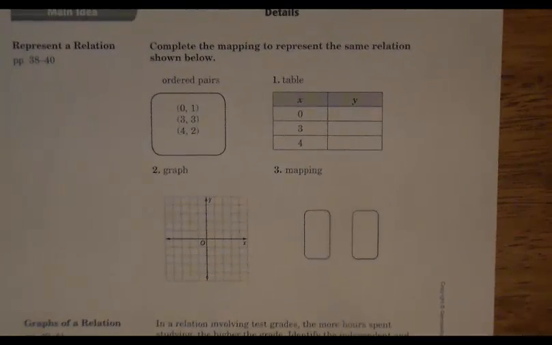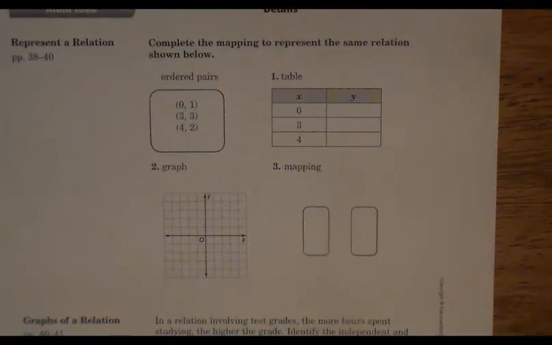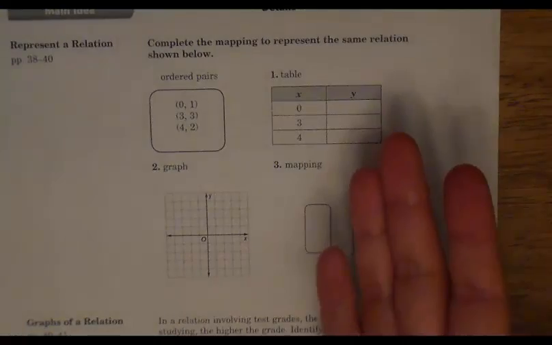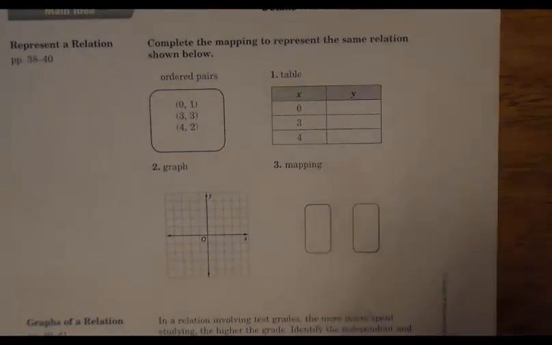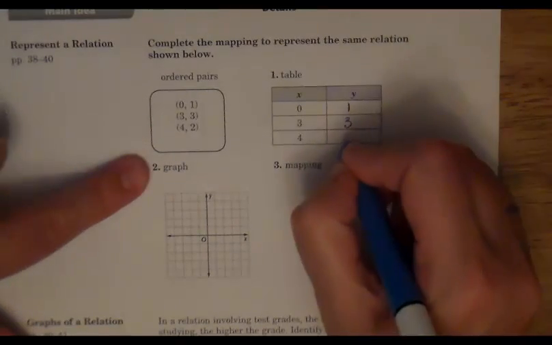Okay, we're going to complete a mapping to represent the same relation. We're going to complete the table, the graph, and the mapping. I don't know why it just says mapping. Okay, so 0, 1, 3, 3, 4, 2.